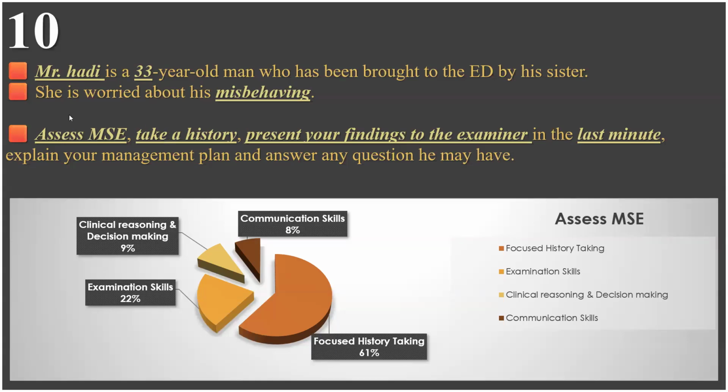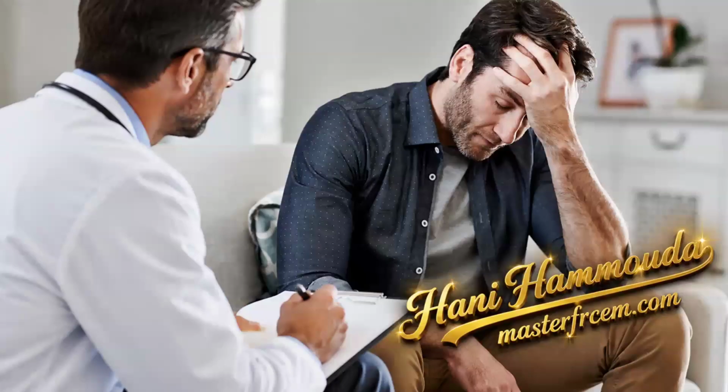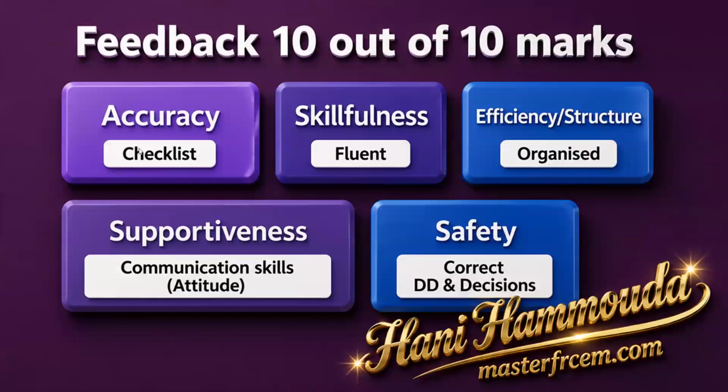So your task here, assess mental state exam. So you will talk to the actor, and in the end, you will present your findings to the examiner in the last minute. Okay. So you follow the general approach. Excellent. Here, accuracy, you almost mentioned all the points. You are very fluent, organized, supportive at all, and safety, you are doing very well.